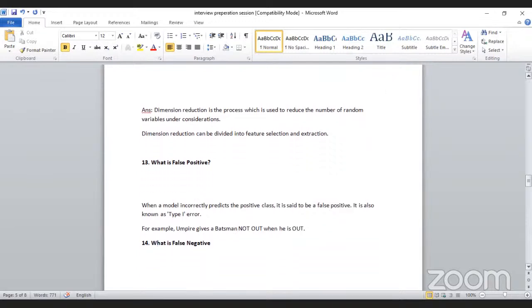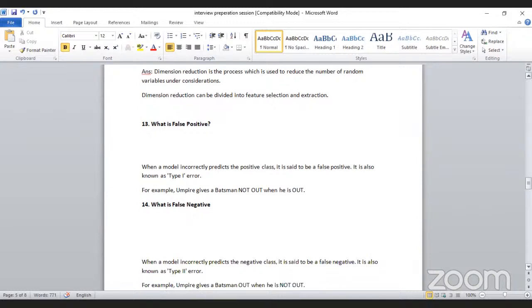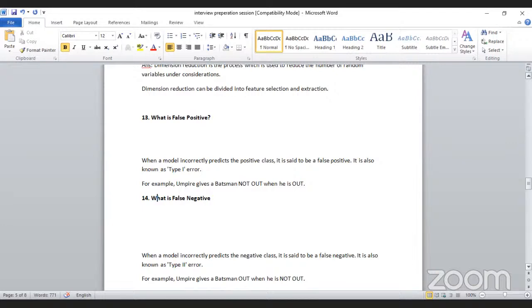The answer is when a model incorrectly predicts the negative class, it is said to be false negative. It is also known as type 2 error. For example, the umpire gives the batsman out when he is not out.